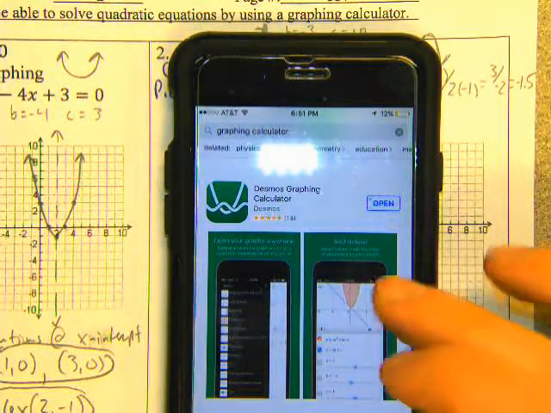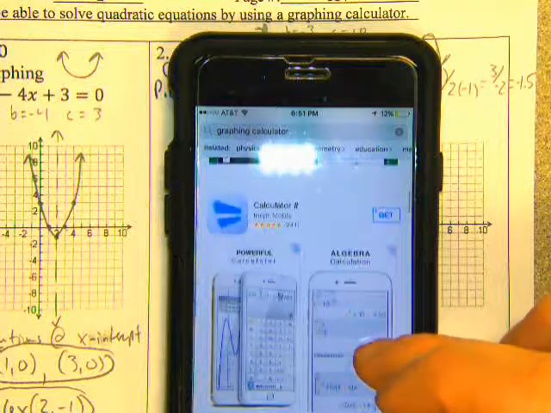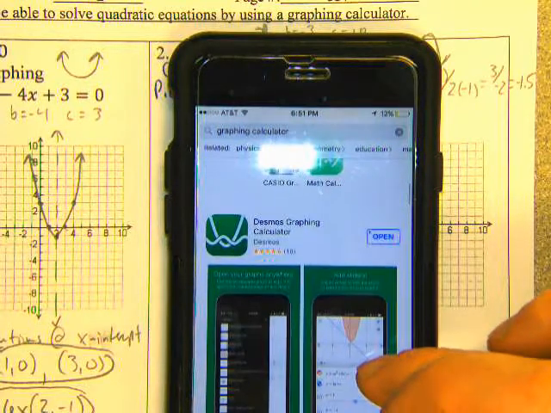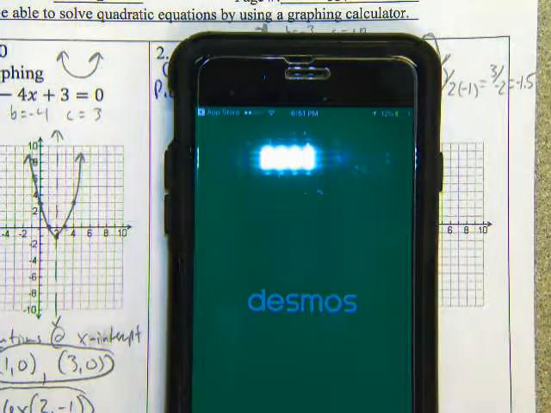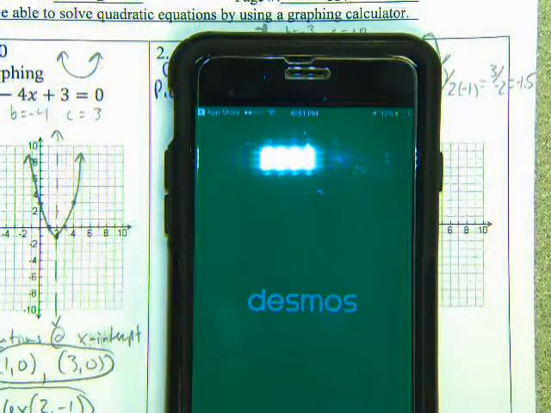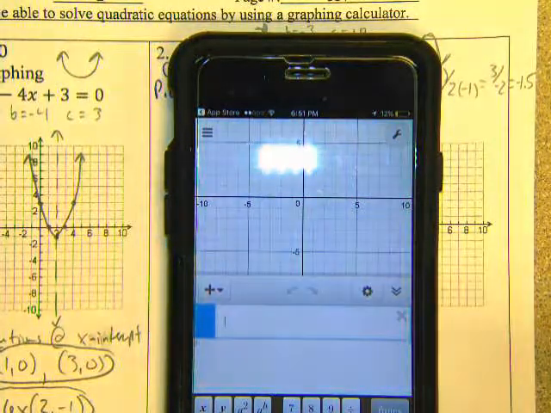So I'm going to use this one. Again, there's other ones you can use, but I'm going to coach you through using this one, and then you can use whatever you want, but this is one that I've had success with before.